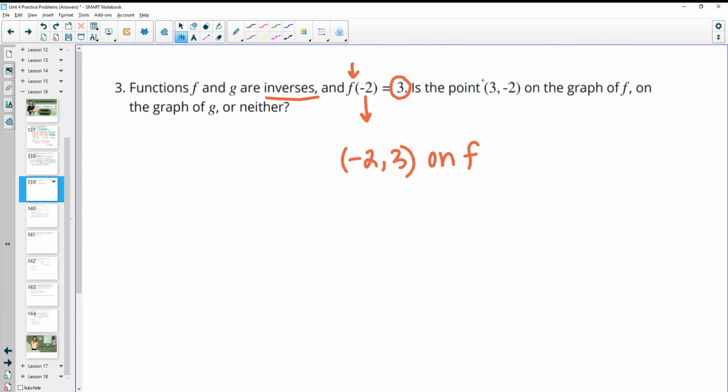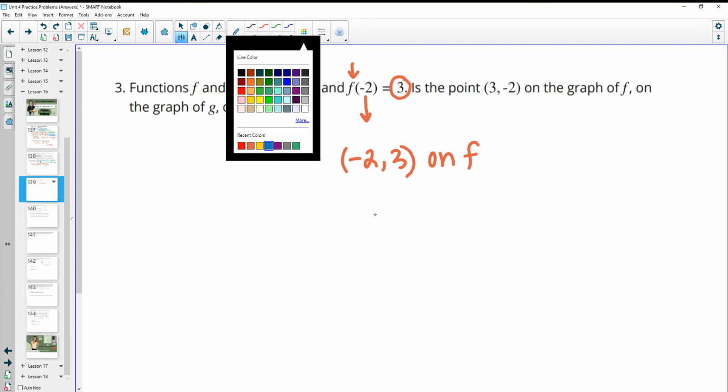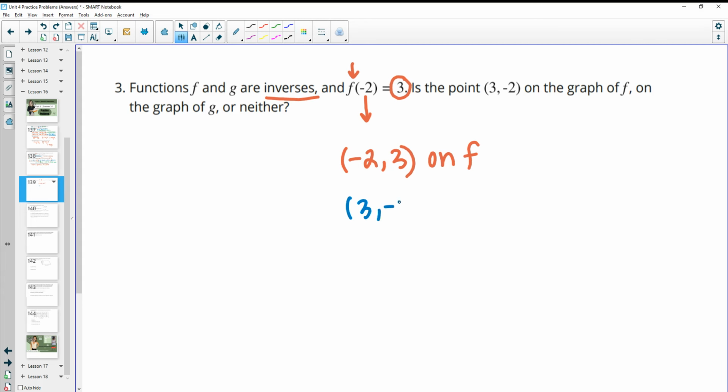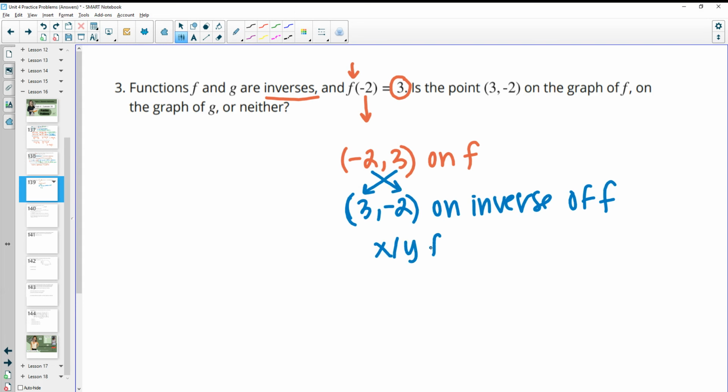Now we need to compare it to this other point that they asked us, (3, negative 2). And this one is actually going to be on the inverse of F, and we know that because these values switched places. So the Y became the X and the X became the Y. So X, Y flipped or switched places is probably a better way to say that.